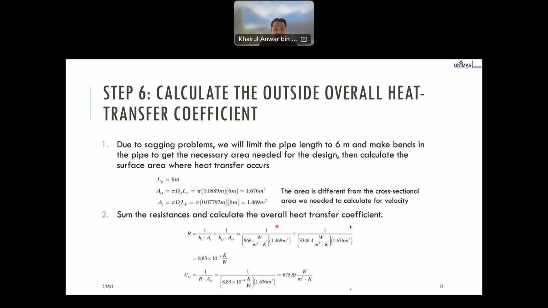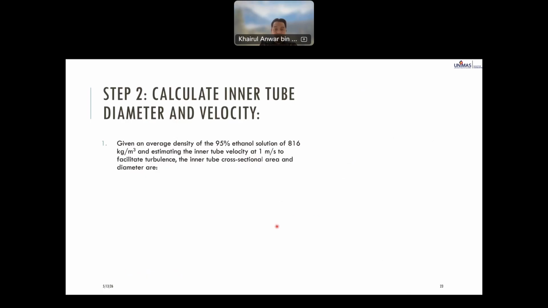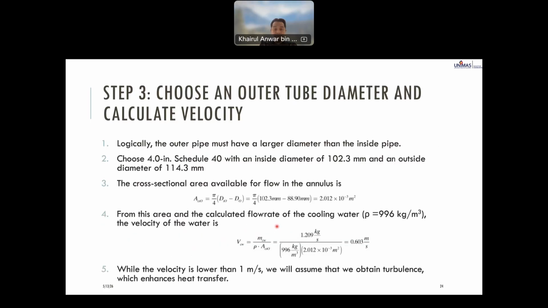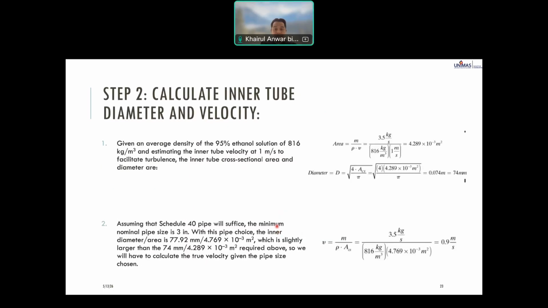is pi D naught LP. This is for the inner tube.